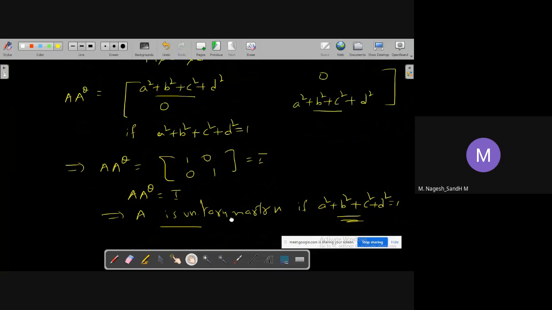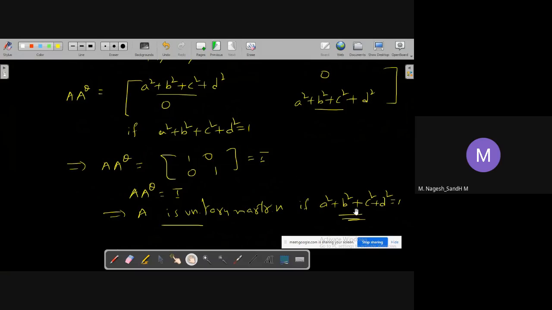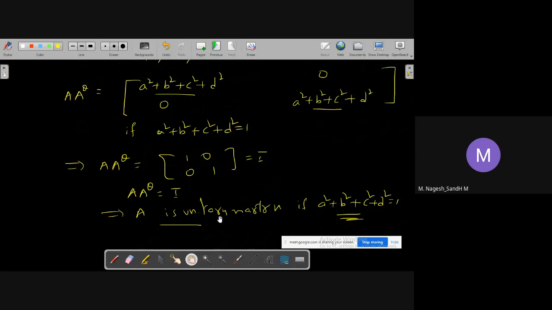That means A is unitary when this value is equal to 1. So the proof is completed. It is proved. Any doubts on this?